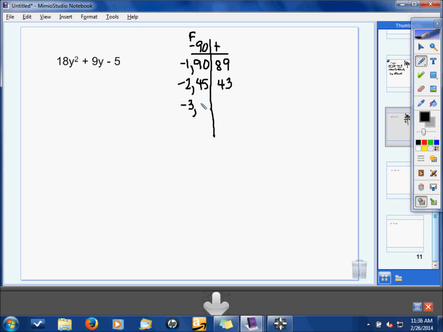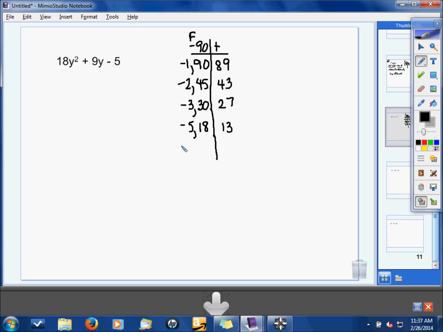What about negative 3 and 30, which gives us 27. Not the right answer. How about negative 4? No. Negative 5 and 18, which gives us 13.